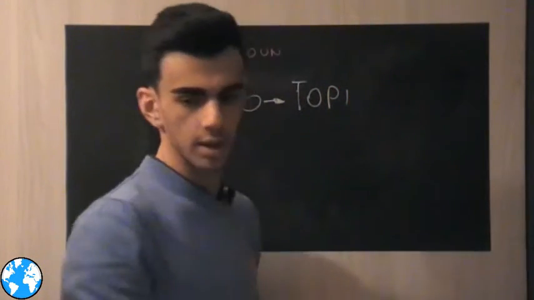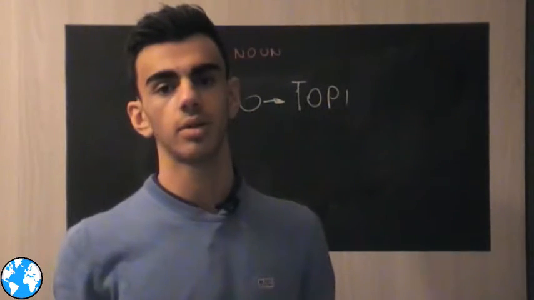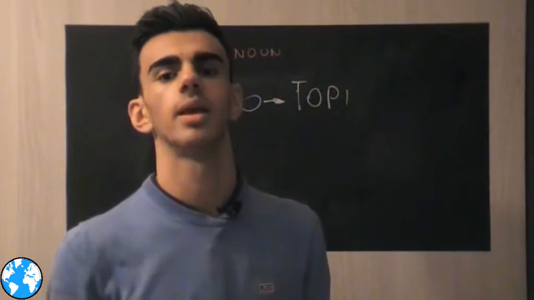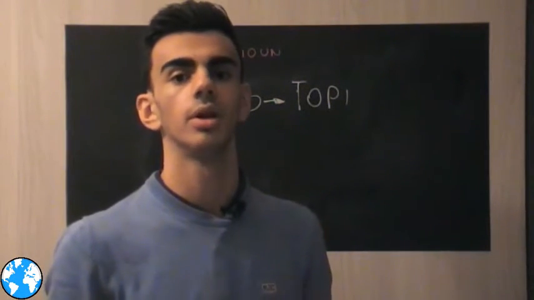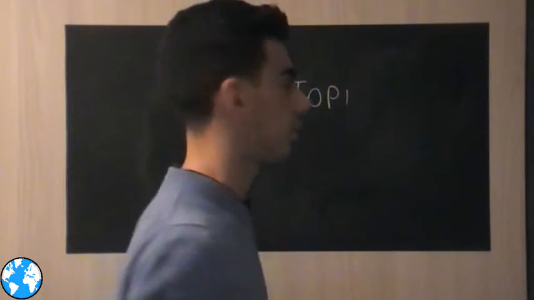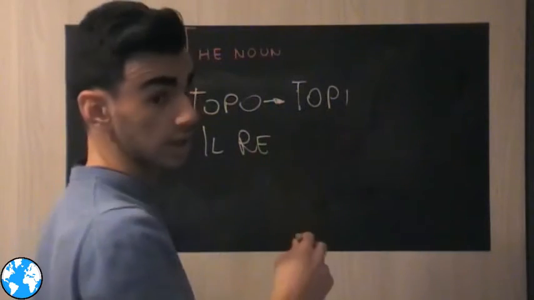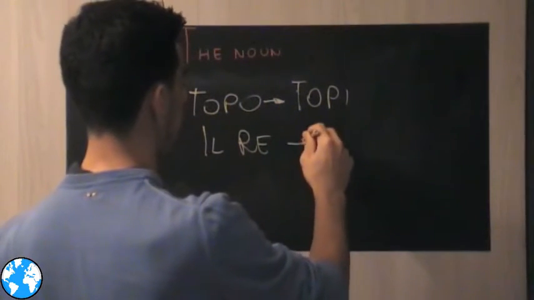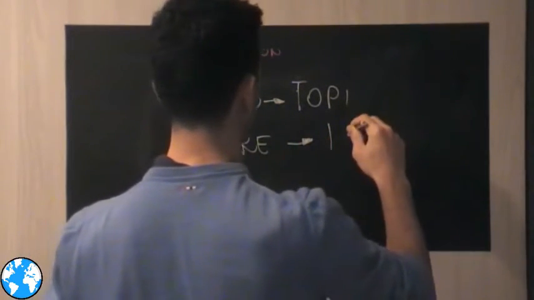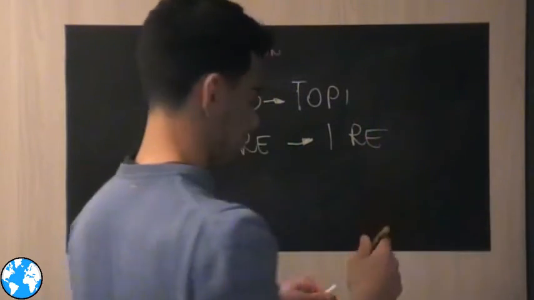The words that end with the letter O, for example, topo, which means mouse, end with the letter I. So from topo it becomes topi. Simple as that. The words that are monosyllabic, so that they only have one syllable, don't change in the plural. For example, il re, which means the king, doesn't change in the plural. So it will be i re.